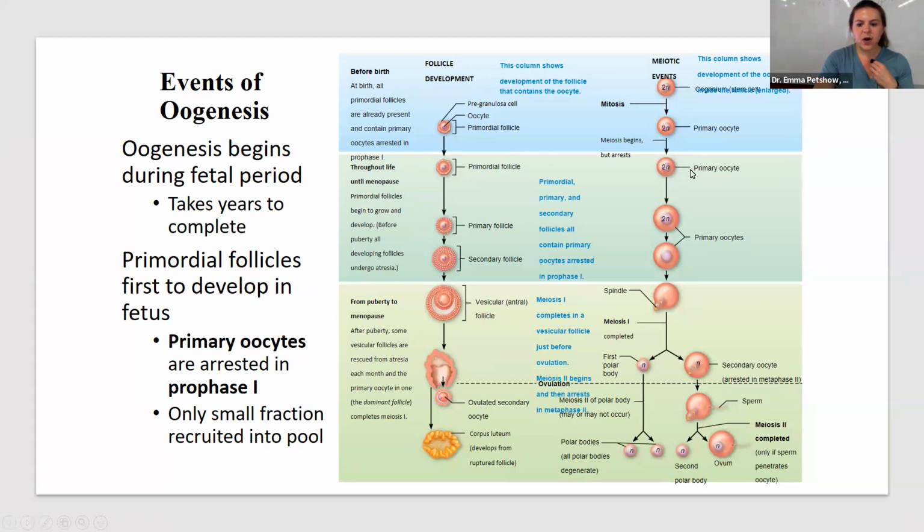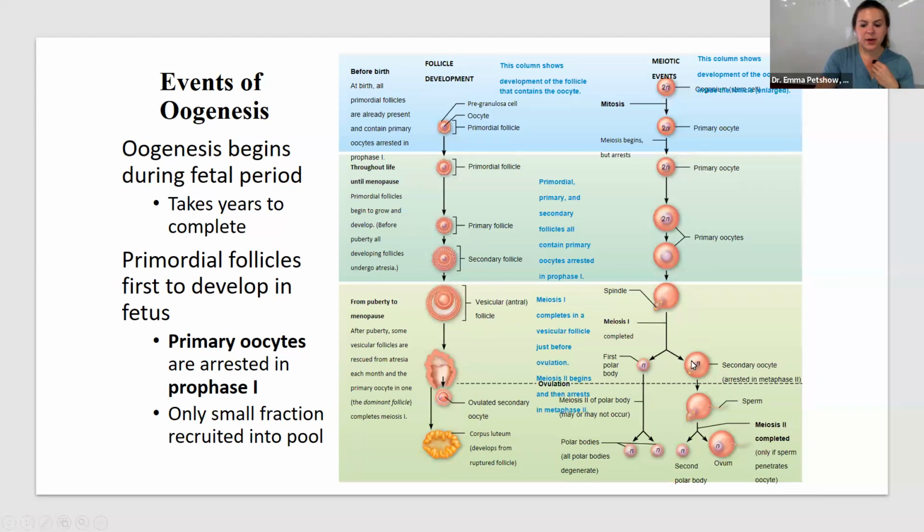We're still a primary oocyte this whole time. We've not changed. From there, once we have a vesicular antral follicle, we'll see meiosis 1 being completed in the vesicular follicle just prior to ovulation. Once ovulation occurs, if our secondary oocyte becomes fertilized, then meiosis 2 will complete.